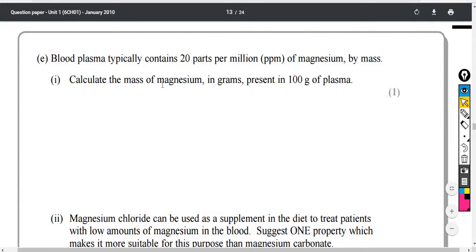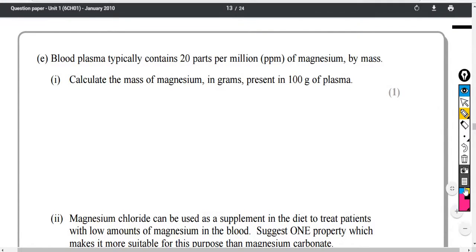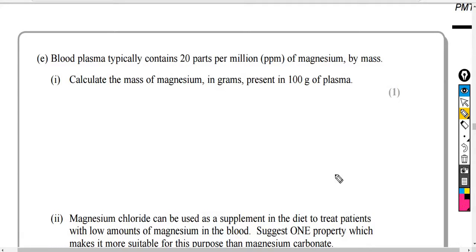Go ahead and just write the given data first. You have 20 parts per million, and a million is 10 to the power 6. So per million you have 20; this many parts are there in a unit mass.